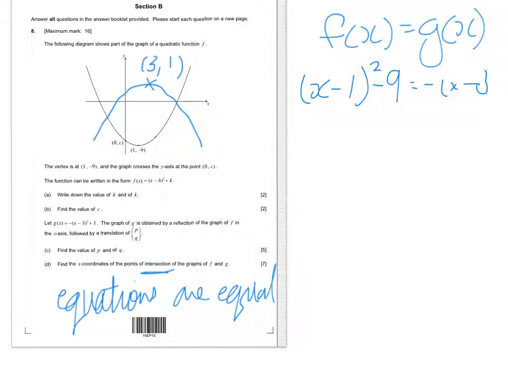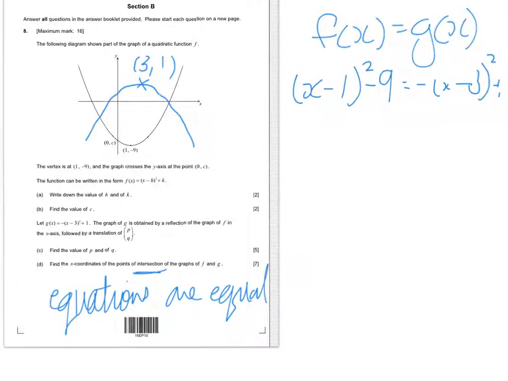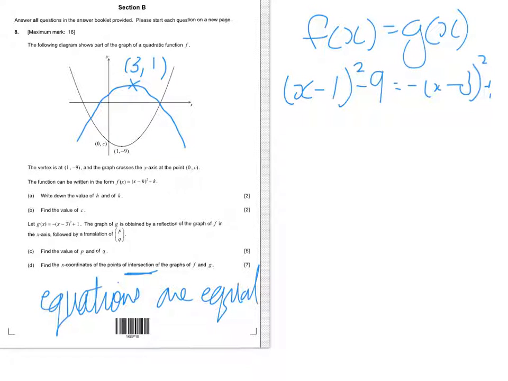I've run out of space, so I'll give myself a little bit more space. So it's just a case of solving this equation.